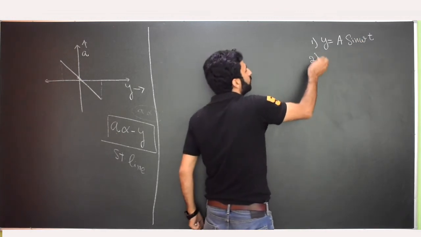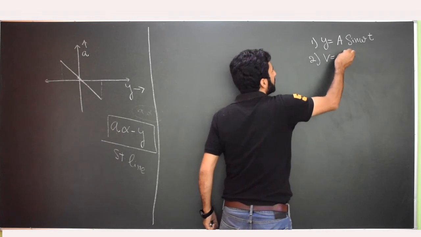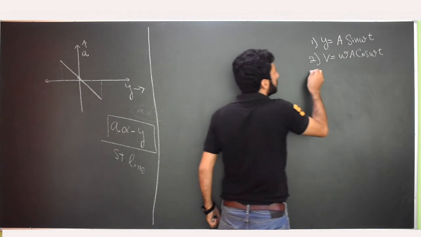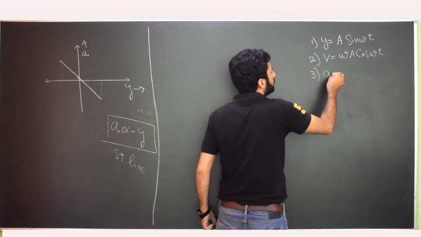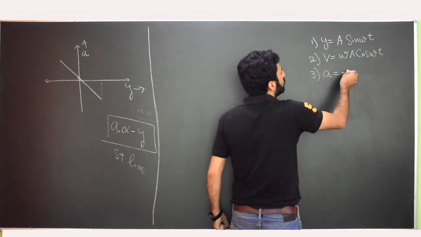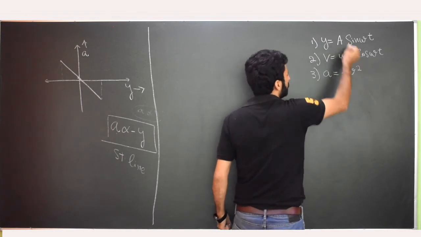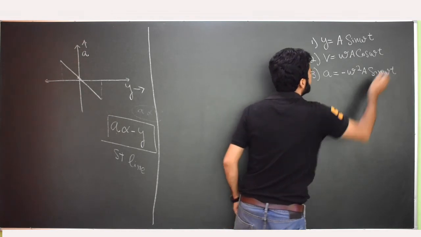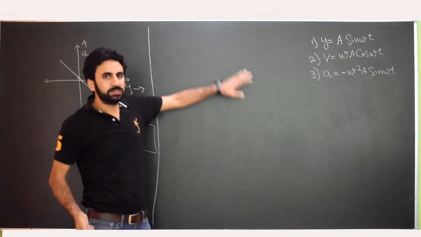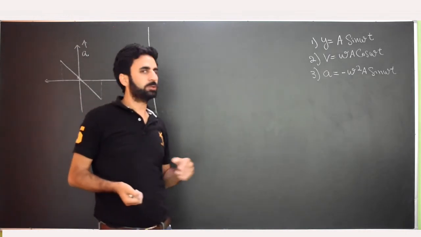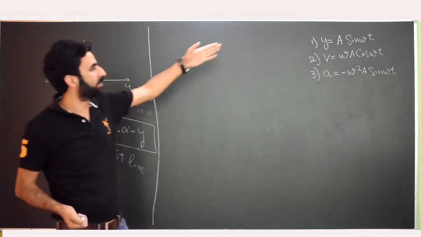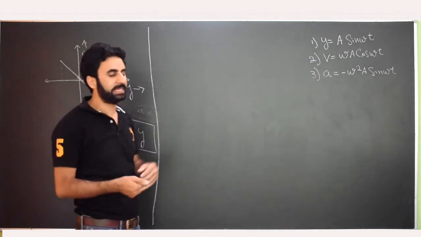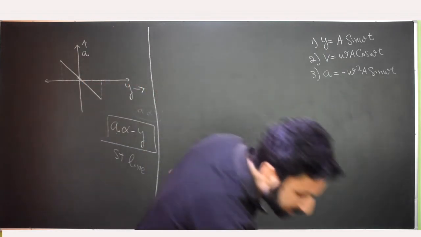For the velocity we got v is equal to omega A cos of omega t, and for acceleration we got a is equal to minus omega square y, or minus omega square A sine of omega t. Now based on these three equations we derived for a particle in simple harmonic motion, one for displacement, second for velocity, and third for acceleration, we'll try to have some comparative analysis of these quantities.